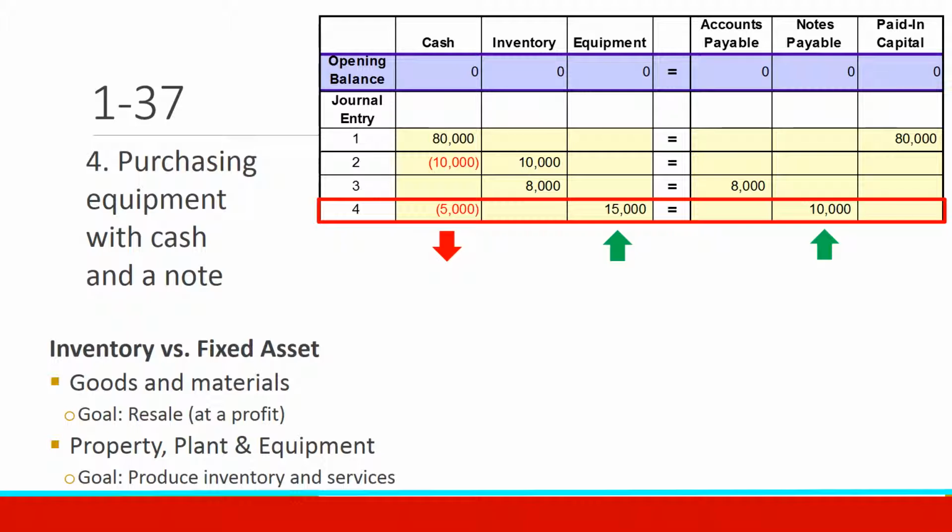In contrast, when we're buying equipment, which is a form of a fixed asset, or actually whenever we buy a fixed asset, we are buying property, plant, and equipment. These are tangible assets that have a long life, and the goal is not resale. The goal is to produce inventory or services, and it is the inventory and the services from which the firm will profit.